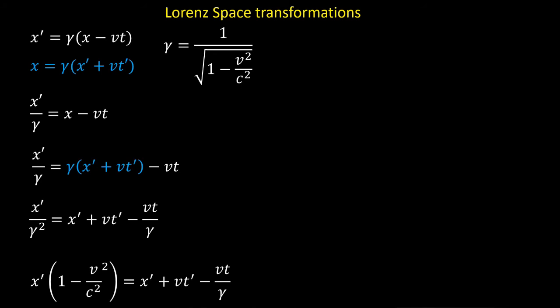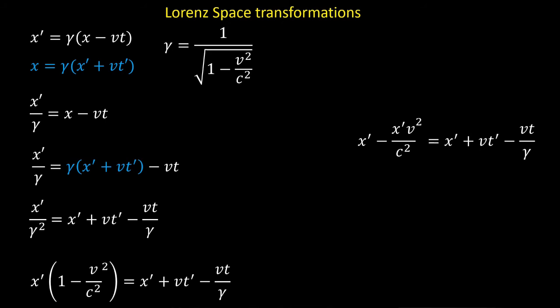Now, if we expand the left-hand side of the equation by multiplying our gamma by x prime, we get x prime minus x prime v squared divided by c squared equals x prime plus vt prime minus vt divided by gamma.